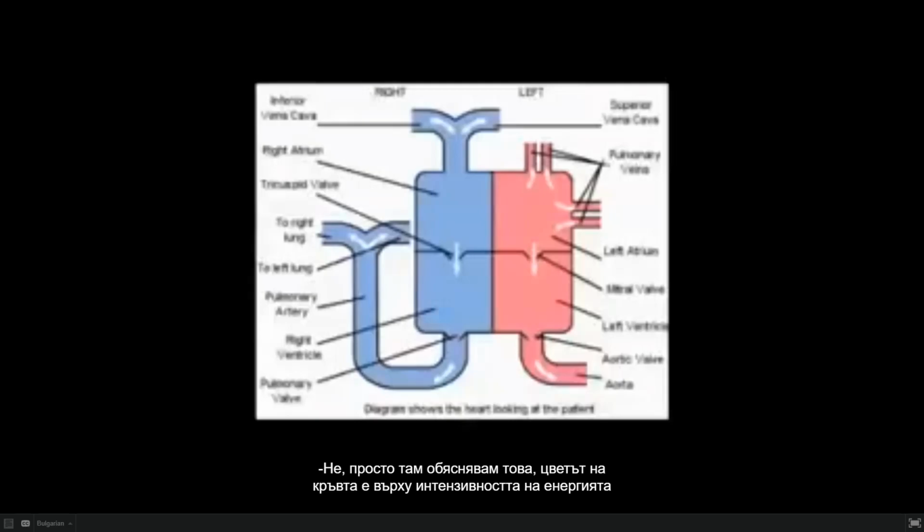Intensity. I explained this. The color of the blood is based on the intensity of the energy they carry. It's a dimmer system. The energy is the same. That's why the lymph is transparent. It's white because it's full of energy. It's fully saturated with magraps.